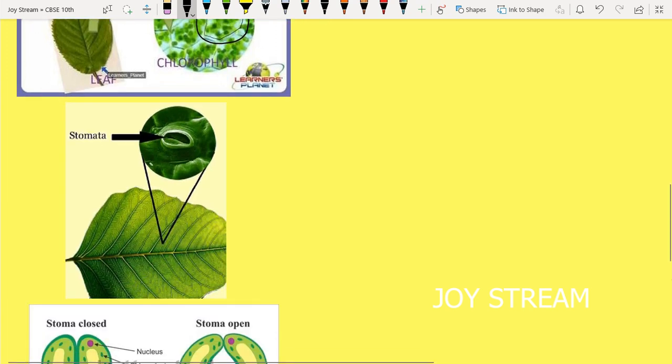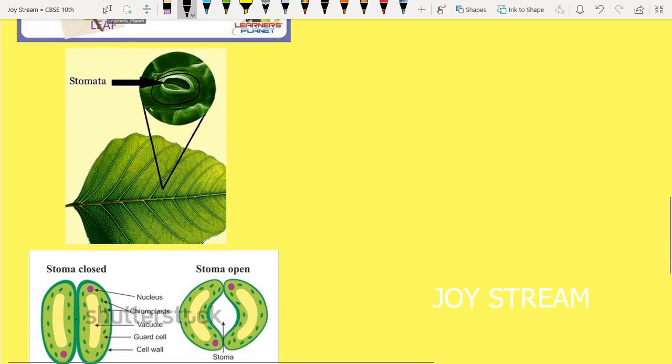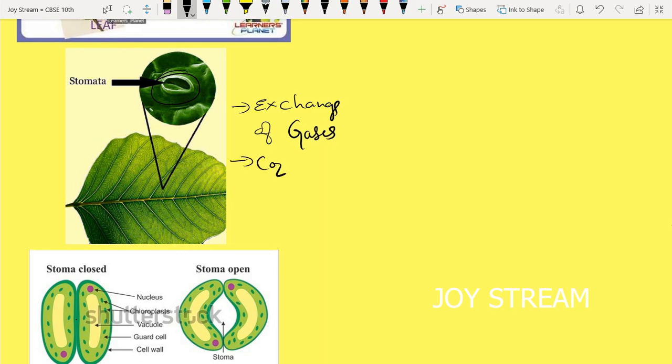Okay. Then this is stomata. The surface of the leaf contains stomata. See, this is a stomata. From this, what happens? Exchange of gases takes place. So, carbon dioxide is taken or absorbed by the leaf through stomata.